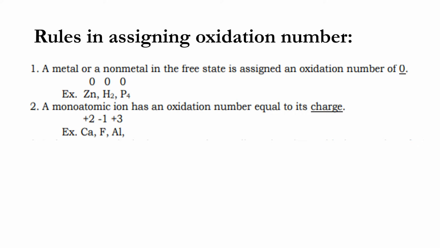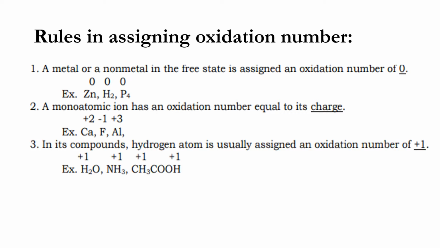Same with fluorine, negative 1, aluminum, positive 1, and all the other monoatomic ions that we have studied in chemistry 1. So those monoatomic ions, either with fixed or variable charges, their oxidation number is the same as their valence number or charge.